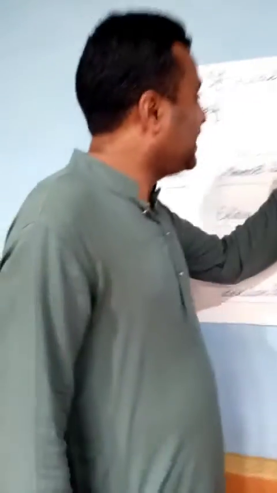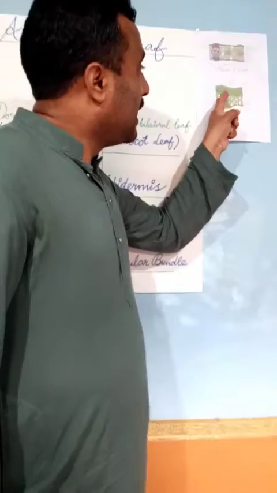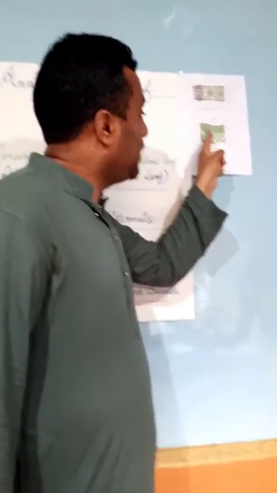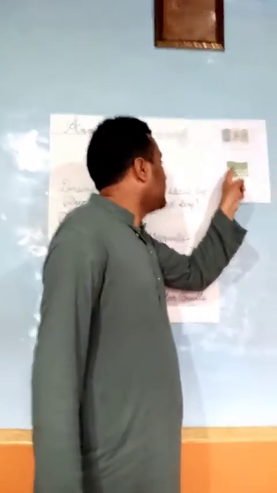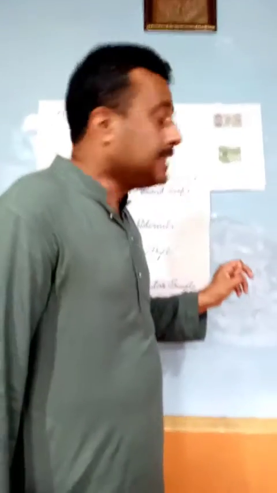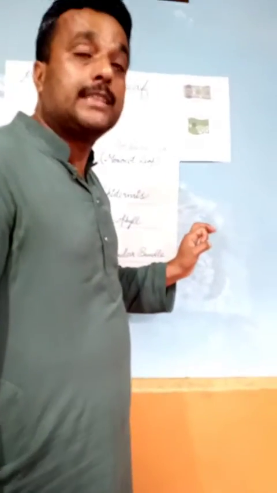अब यहाँ पर हम देखते हैं कि जो xylem है, it is positioned in the direction of the upper epidermis, and the phloem is positioned in the direction of the lower epidermis. जो xylem होता है, the xylem mainly consists of the tracheary elements, that is the tracheids and vessels, and the xylem parenchyma, and a little bit of the xylem fibers.